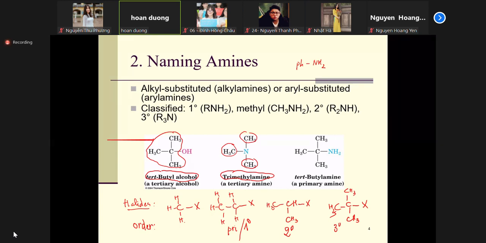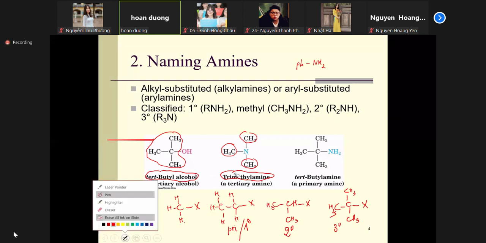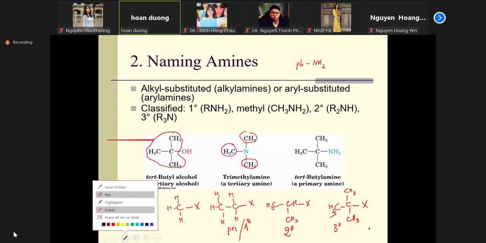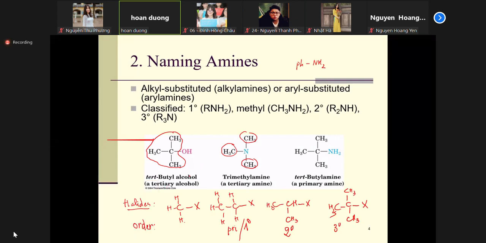But the way they write down the name is kind of different. You can see it's kind of different. So how different is it when you write down the name of amine if you compare with these? Okay, you understand my question? We say the writing of amine name and alcohol name. What's the difference here? Nào, xin mời Đỗ Trung Đại nào.